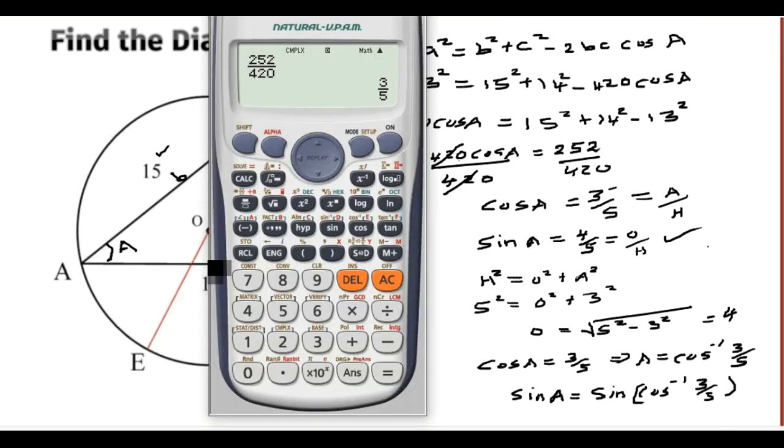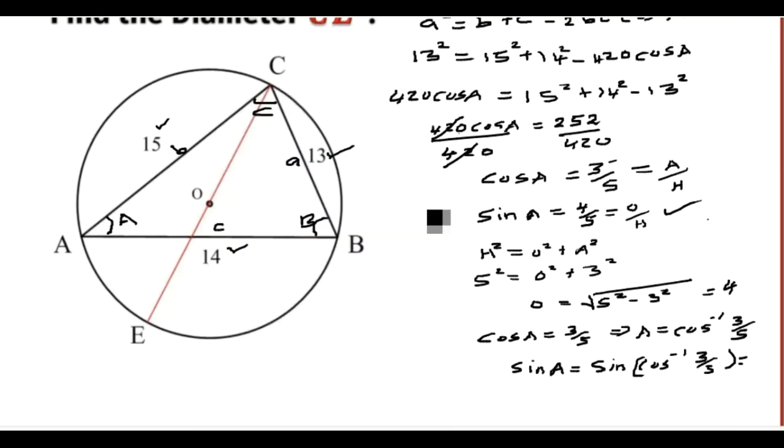And what do you get there? You get 4 over 5. So whichever reasoning you use, you still get sine A to be 4 over 5.